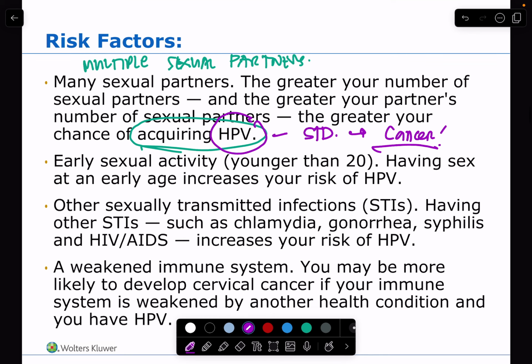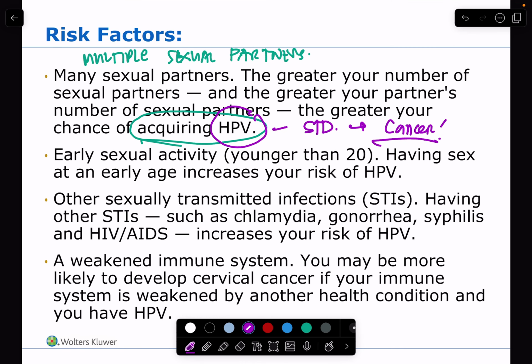Early sexual activity is more on engaging in premarital sex or sexual intercourse at a younger age, less than 20 years of age. Having sex at an early age increases, of course, your risk of human papilloma virus.